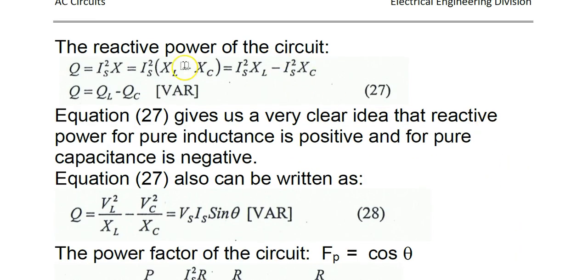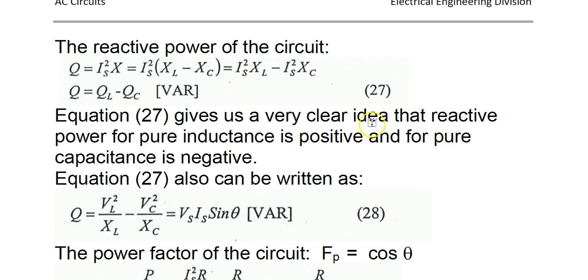But the reactive power of the circuit is computed as Q equals the magnitude of current squared, in RMS value, multiplied by the effective reactance. And the effective reactance is just the difference, XL minus XC. In other words, it's either Is squared times XL minus Is squared times XC, which is also just the reactive power in L, the inductance, minus the reactive power in C, the capacitance.